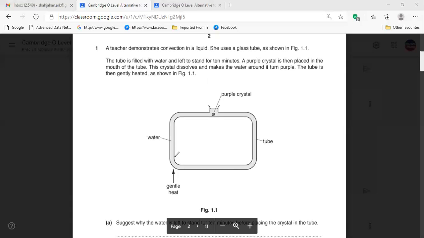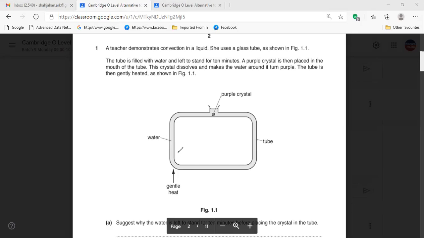The hot water rises up. Less dense molecules rise up, and more dense molecules sink down. So the convection current starts from here.